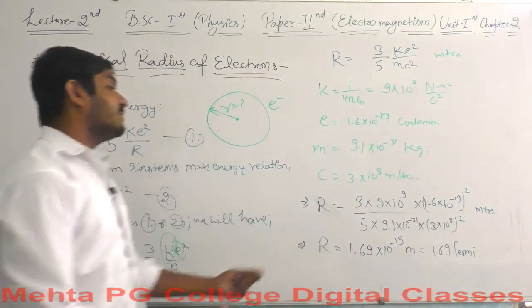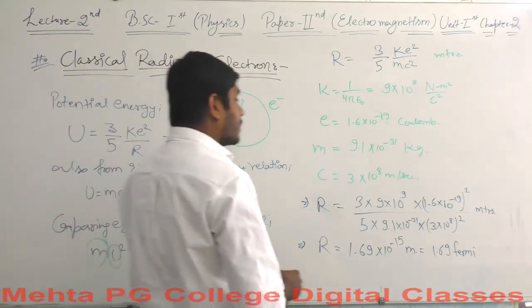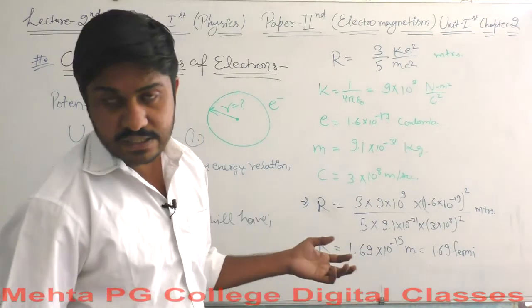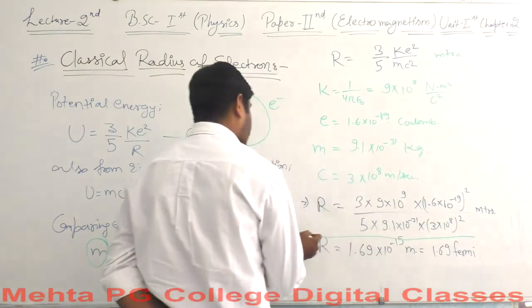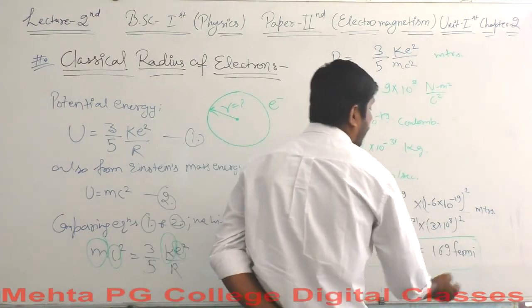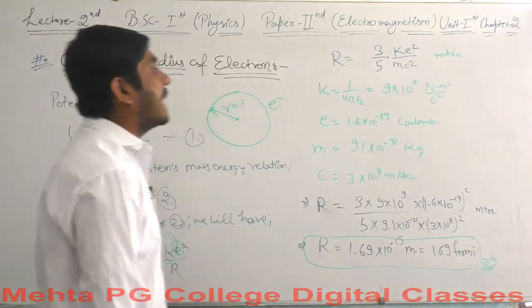Okay, so this is 1.69 Fermi, and it is the classical radius of electron. But every time you are supposed to come up with the result in meters only, so you should consider this result. I hope that you can calculate this result yourself. This is pretty much easier for you by now.